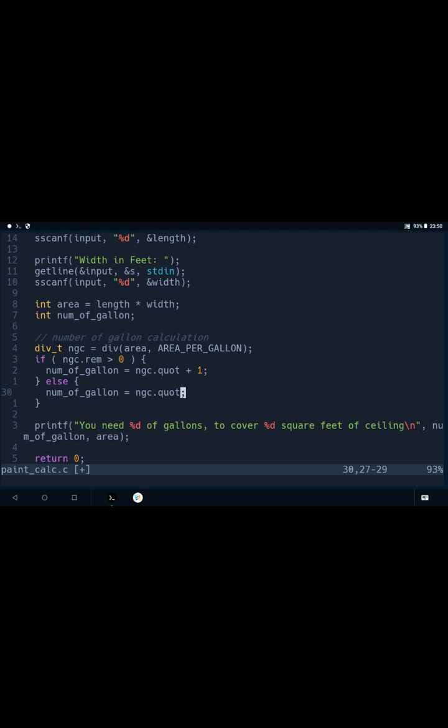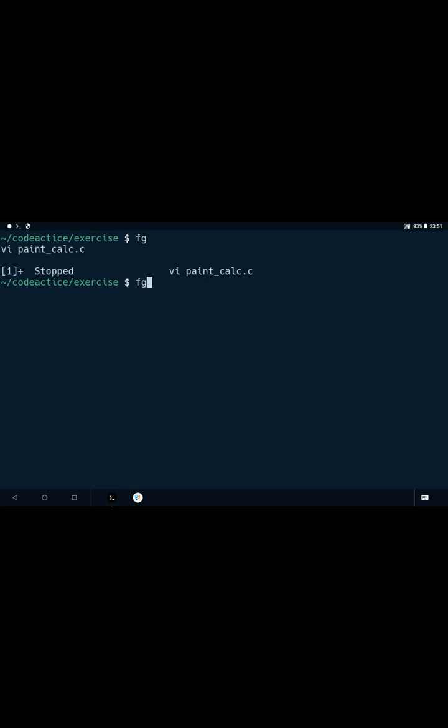Else, if it is not greater than 0, which means it is 0, the number of gallons is going to be the quotient. Let's fix this typo here.